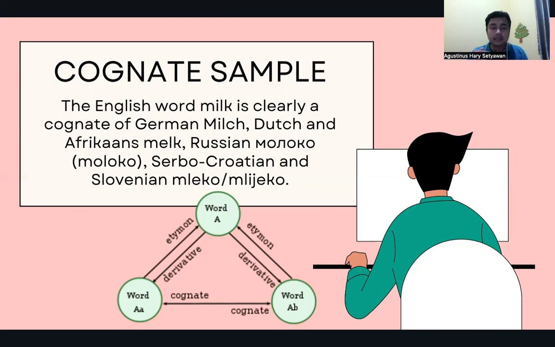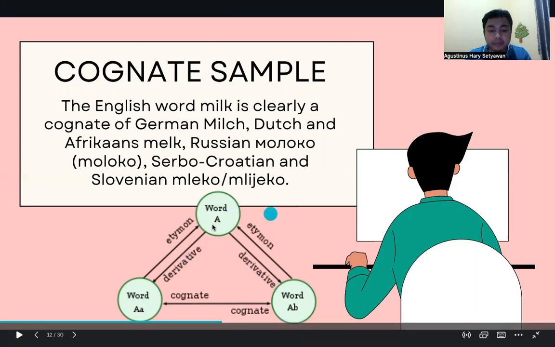In Dutch and Afrikaans, melk. They have relation. And then in Russian we have moloko, and Serbo-Croatian they have mleko. Nah, those are cognates. These relations can be seen by the cycles, these cognates.